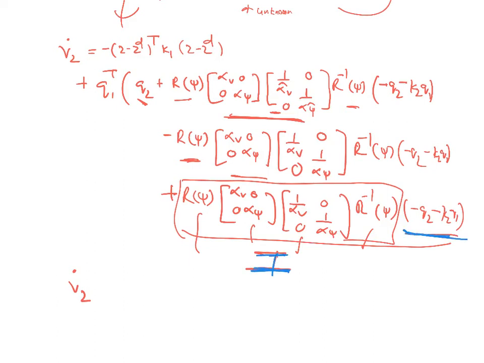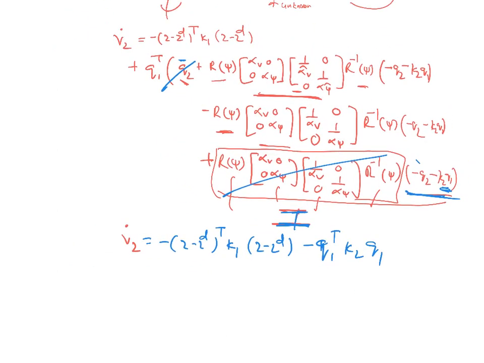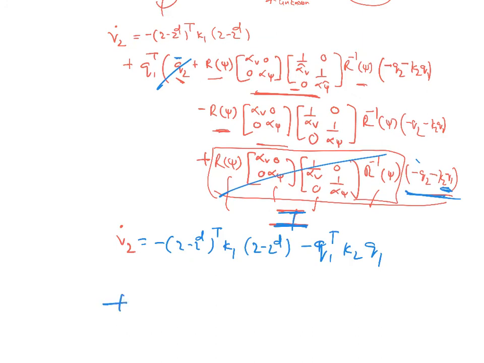So basically this remains, this cancels out, and this multiplied by Q1 goes out. So V2 dot is minus Z minus Z desired transpose K1 Z minus Z desired minus Q1 transpose K2 Q1, and then we can go back again in the bracket. So now this term is left and this term is left, so we have to deal with it.